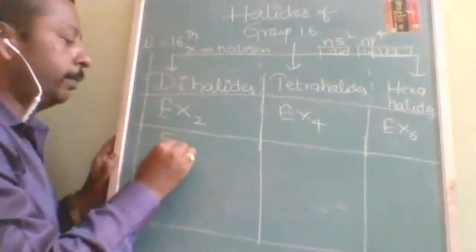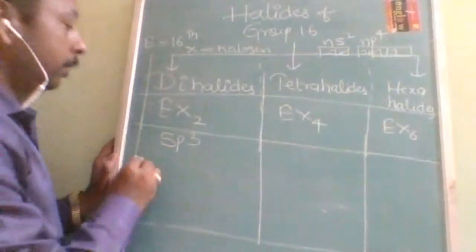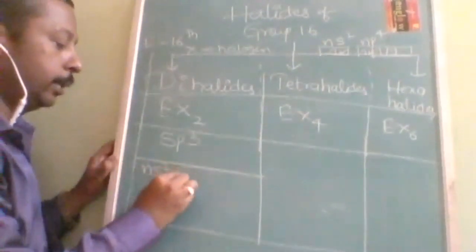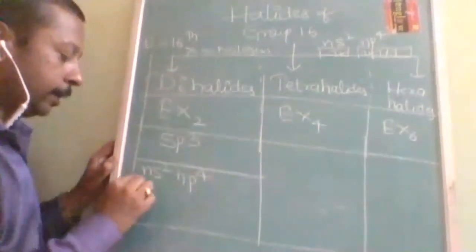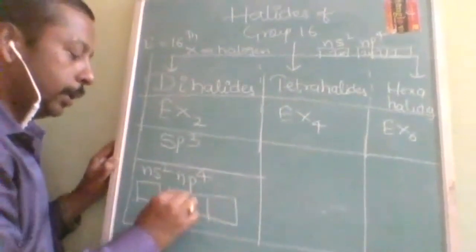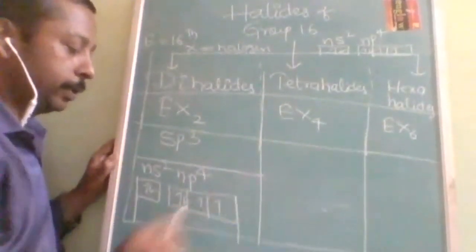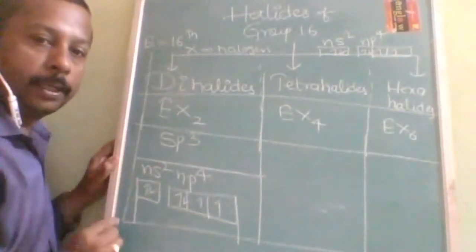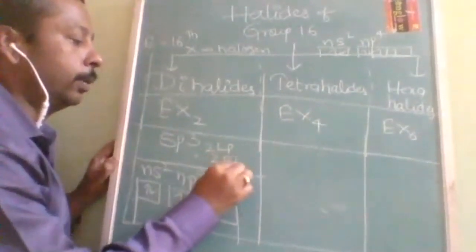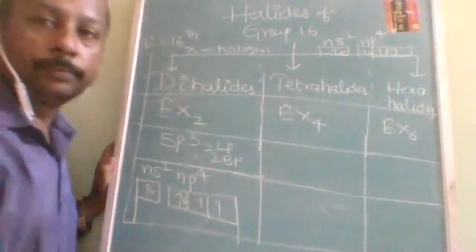So what will be the hybridization? sp3 hybridization, with the configuration ns2 np4 as it is, without excitation. Two lone pairs and two bond pairs. Is it understood, students?